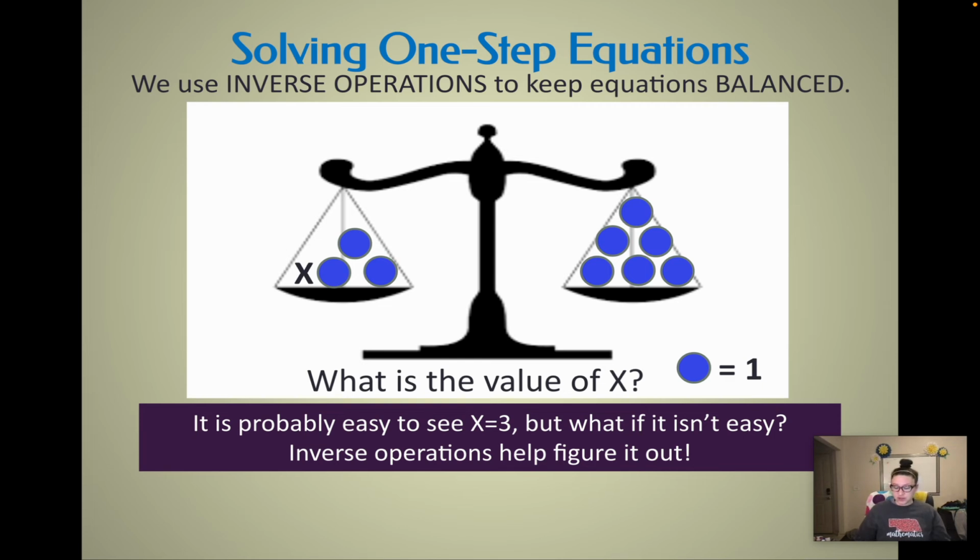It might be easy for you to recognize using that equation that X is equal to 3. Because if I were to take 3 of those blue circles away on the left, if I take 3 away on the right as well, that leaves me with 1X balanced and equal with 3 of those blue circles.